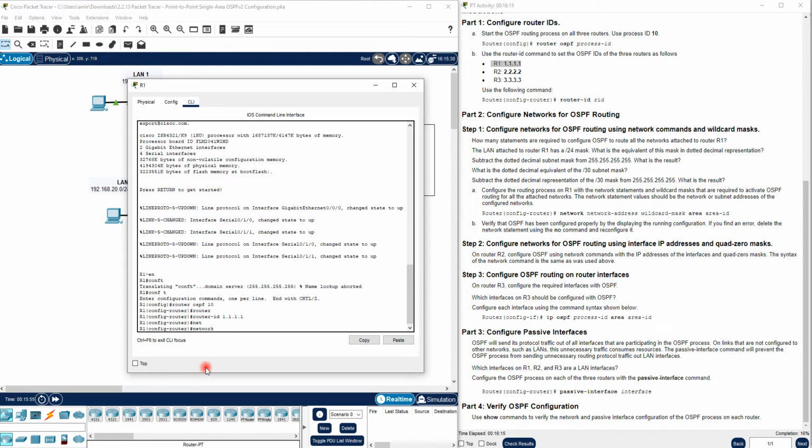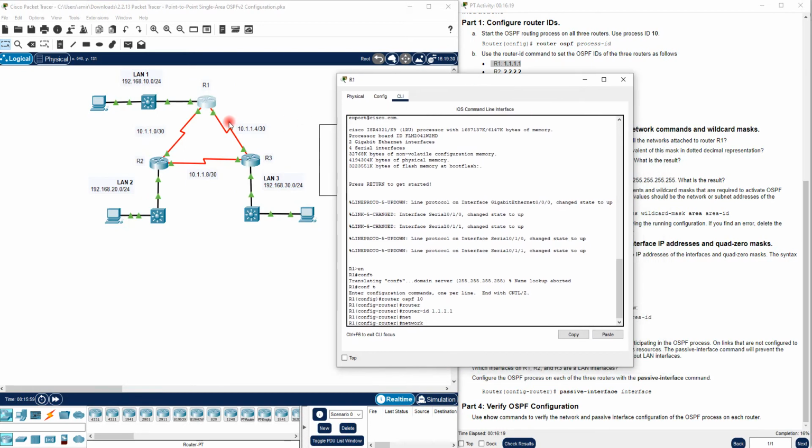For example, what is the network address connected to R1? For example, this one, 10.1.1.4.